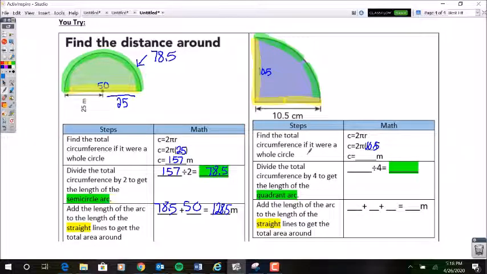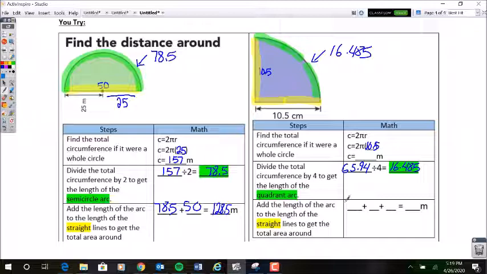We're going to multiply 2 times pi times 10.5, which would give us 65 and 94 hundredths. And then since we have a quadrant, we're going to divide that by 4, and that's going to give us 16 and 485 thousandths. So this part right here is 16 and 485 thousandths.